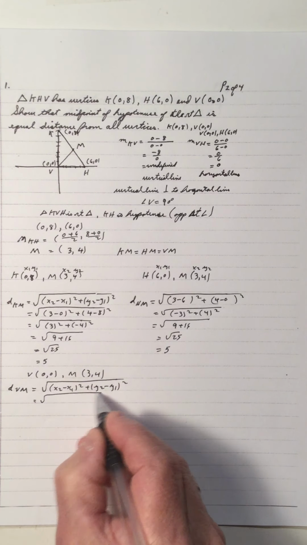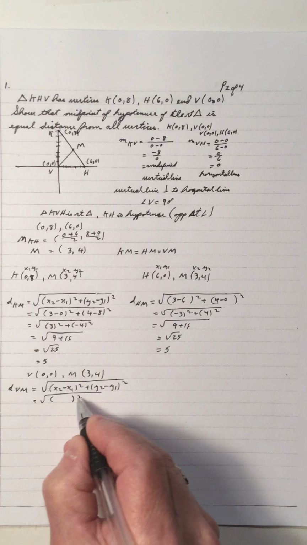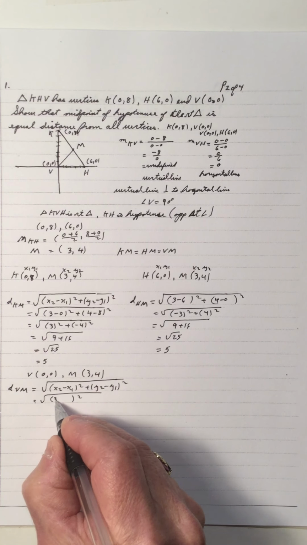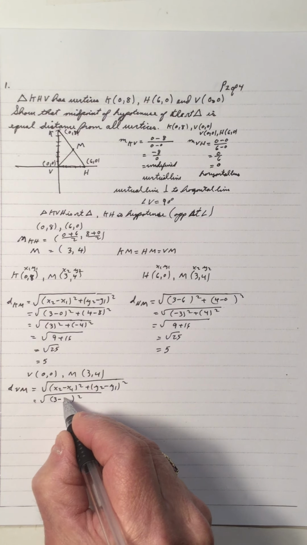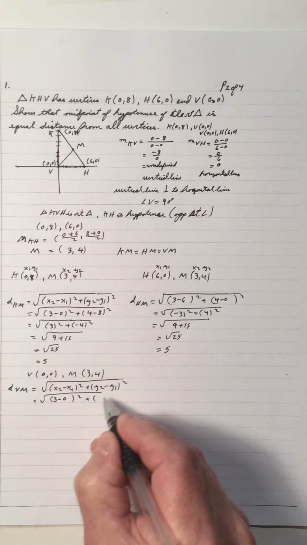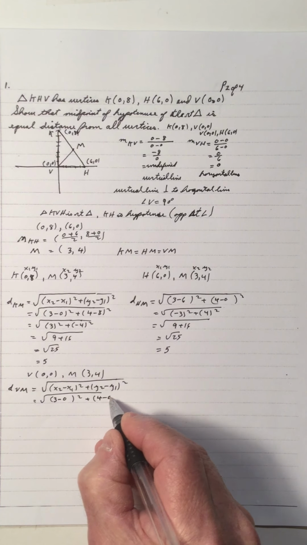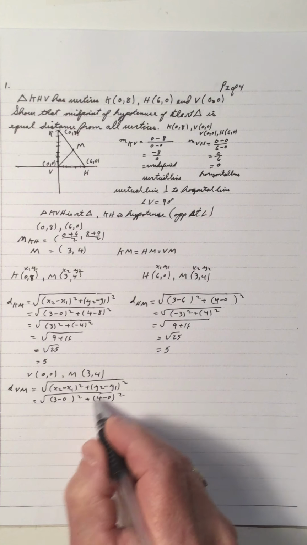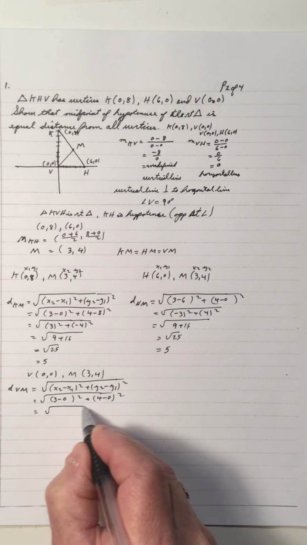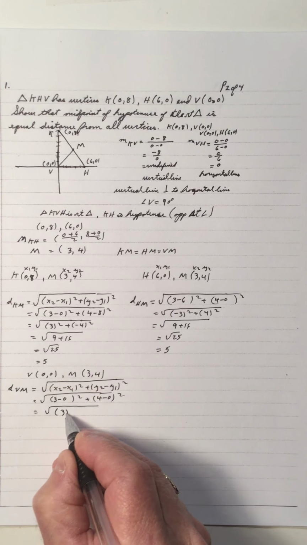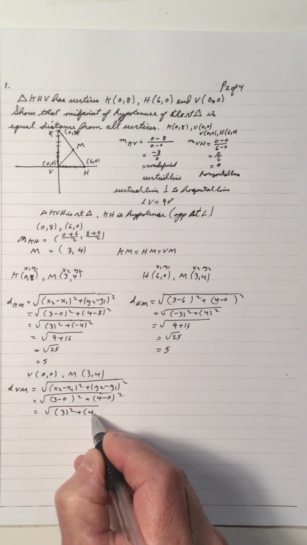So we have x2 is 3 minus 0 squared, y2 is 4 minus 0. And that's 3 squared plus 4 squared.